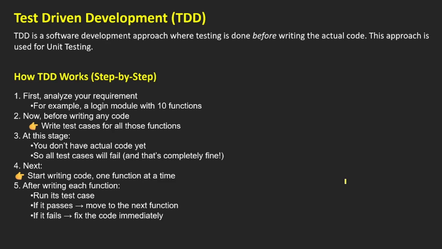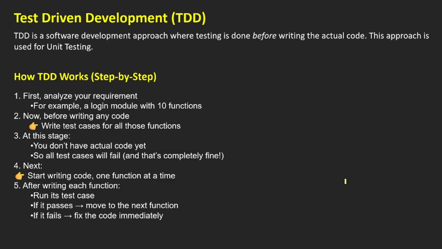But there is a problem with this approach. Let us understand what the problem is by taking a real world example. Let us say you are developing a login module and it requires around 10 different functions or methods to be created to implement that login functionality.